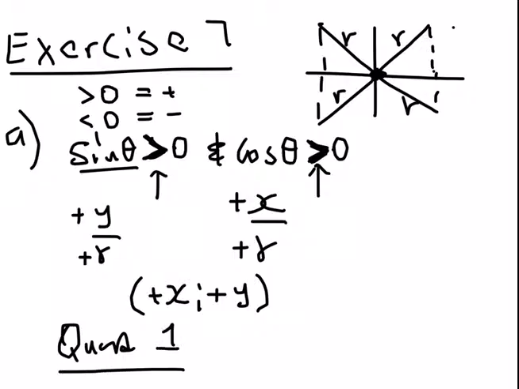There may not be a question which comes exactly like this, but they will give you another question where you will need to interpret this to know in which quadrant you are going to have your right-angled triangle.